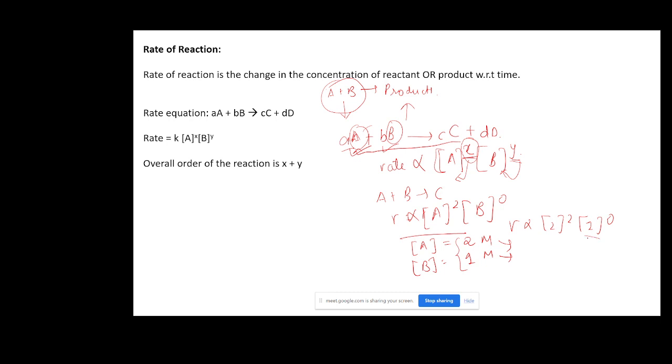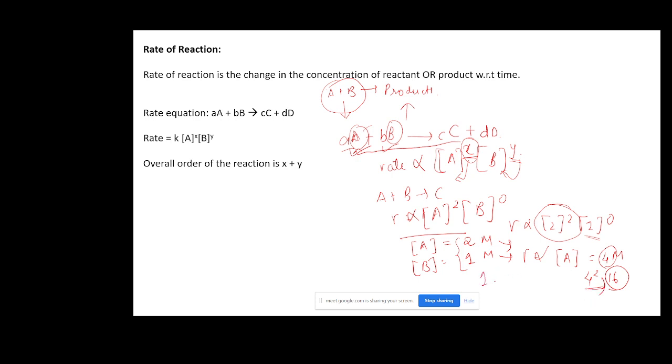Here the rate is independent of the concentration of B and depends on the square of the concentration of A. So if you want to increase the rate, you can increase the concentration of A. If you double the concentration of A to 4 molar, then the increase in the rate will be 4 squared, it will be 16 times, since it depends on the square.